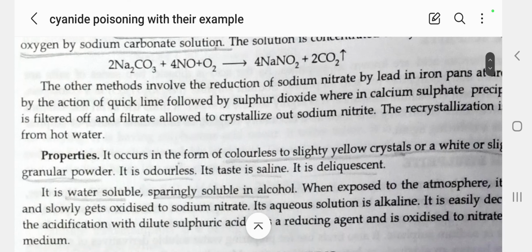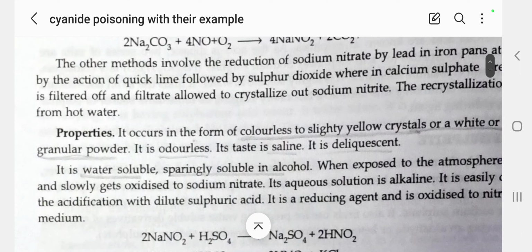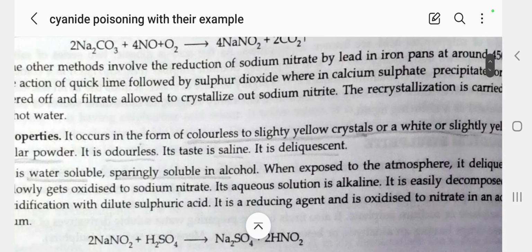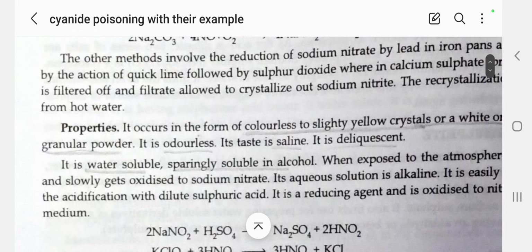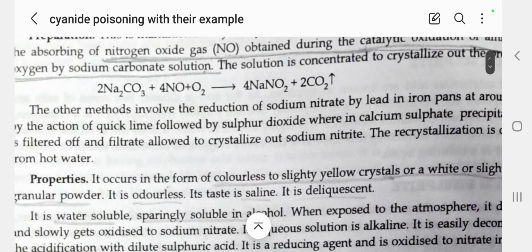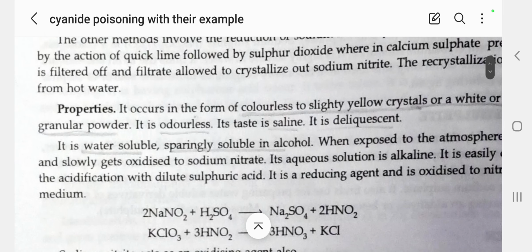Another uses quicklime, calcium oxide, followed by sulfur dioxide, wherein calcium sulphate precipitate is formed and filtered off, and sodium nitrite is crystallized out from hot water. This is the overall method of preparation of sodium nitrite.